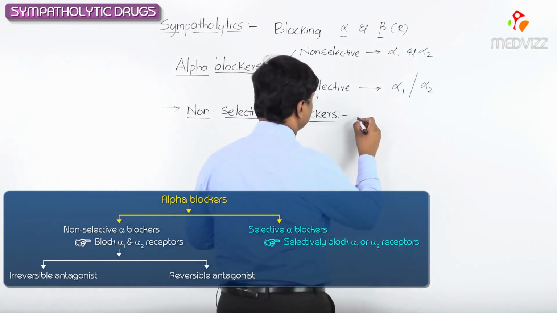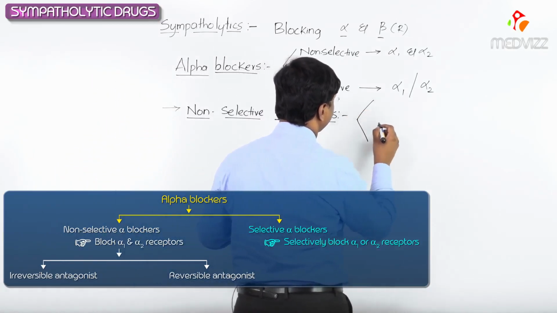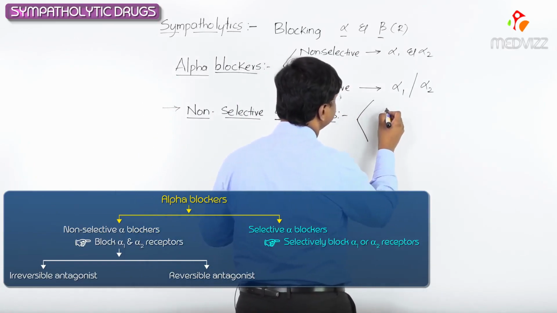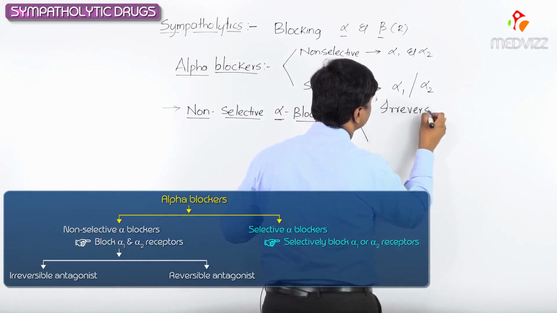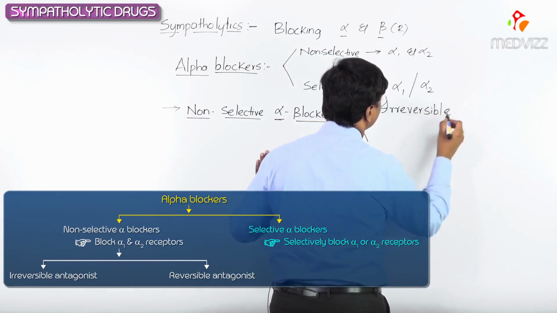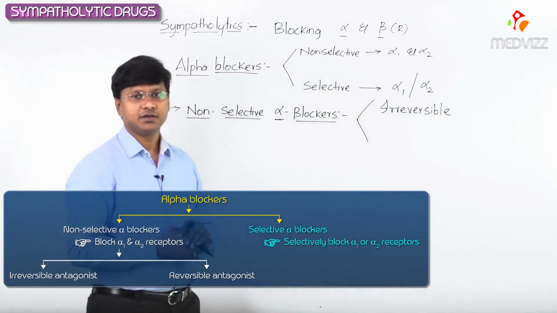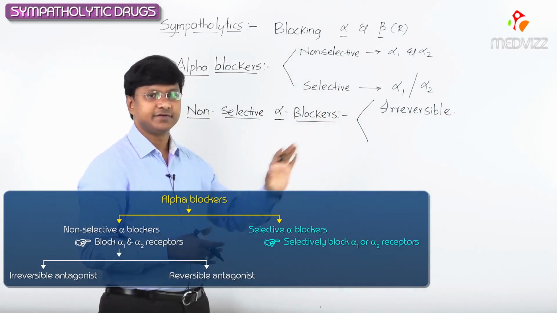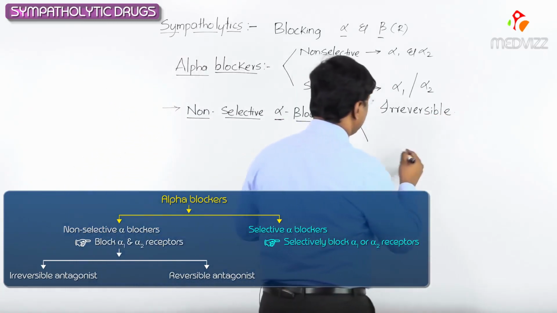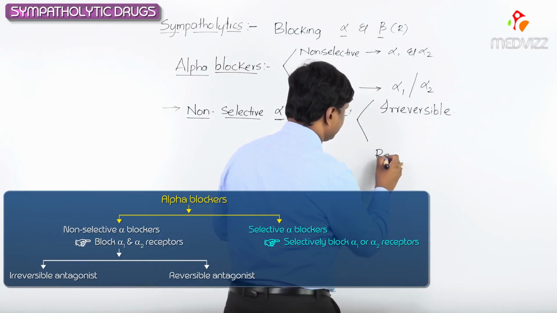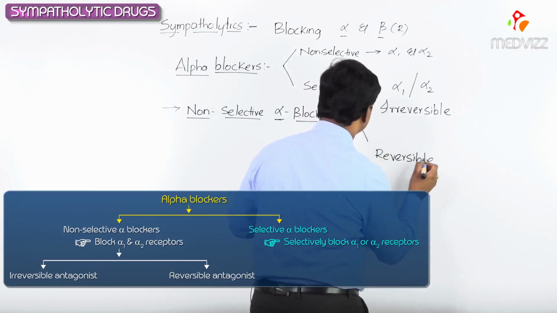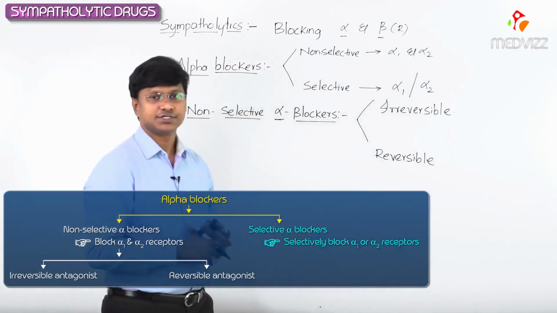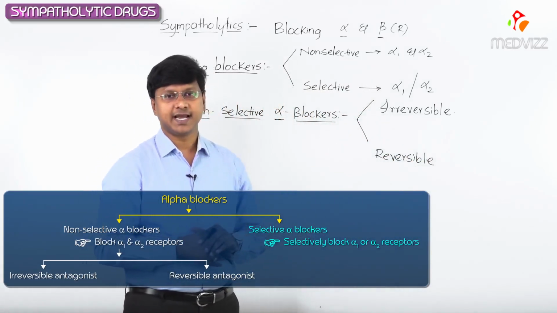So we have irreversible alpha antagonists and reversible non-selective alpha blockers.